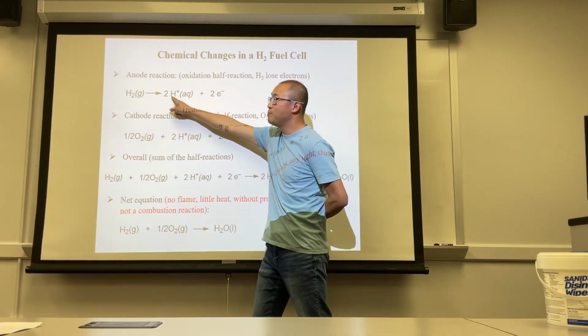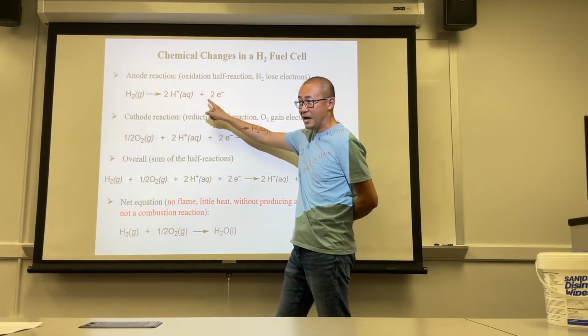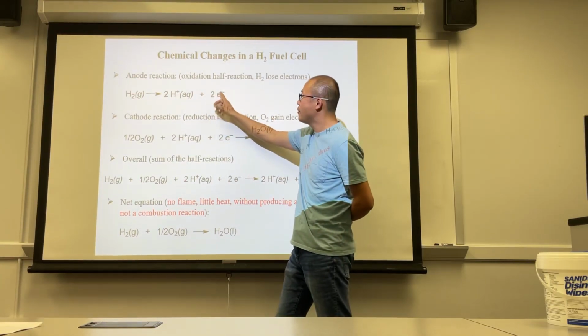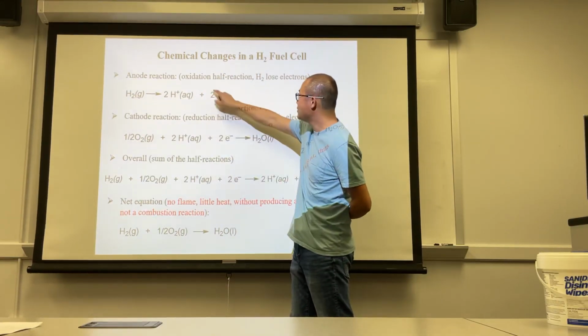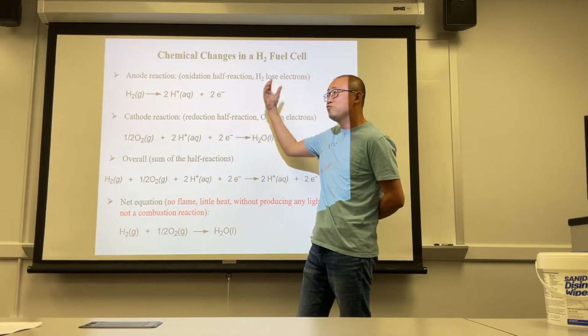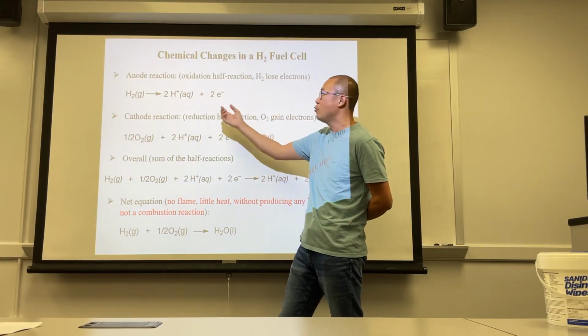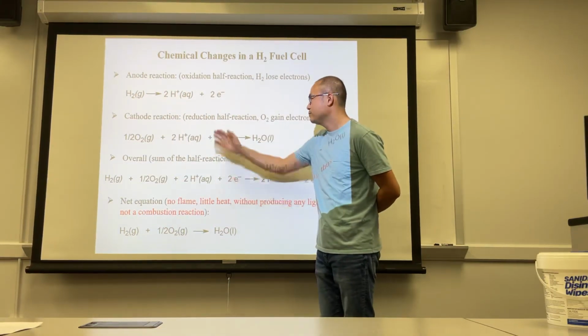Hydrogen becomes H+, means it loses electrons, right? Loses 2 electrons. And we call this process oxidation. This is the oxidation half reaction. Hydrogen loses electrons. And of course, we know whenever it loses electrons, we call the electrode the anode, right?